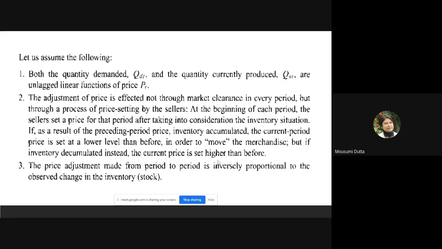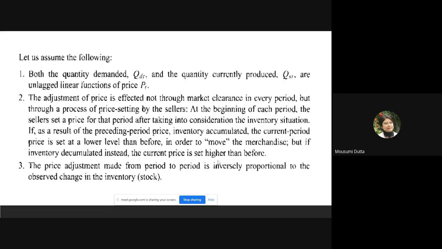So here we are not considering the price adjustment following the excess demand principle, as we did in case of static stability condition, or as we did in case of cobweb. Price will not be guided by excess demand principle. Rather, price will be guided by whether there is a positive stock or a negative stock.